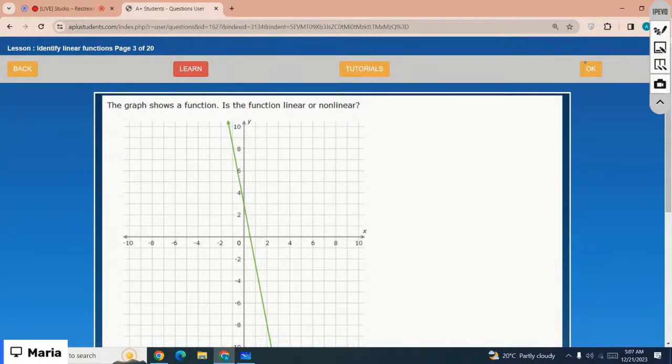Okay, the next one. The graph shows a function. Is the function linear or non-linear? Which is the correct option? Yes, that is a linear function. Very good. The correct option is linear.